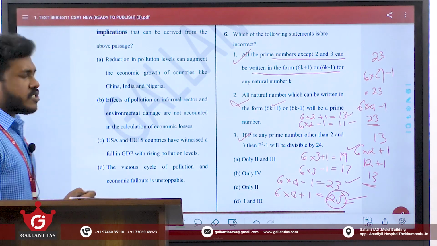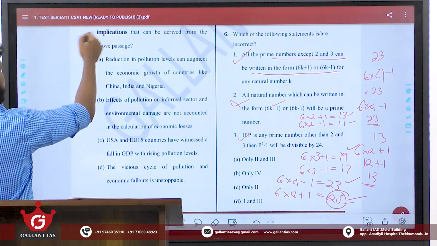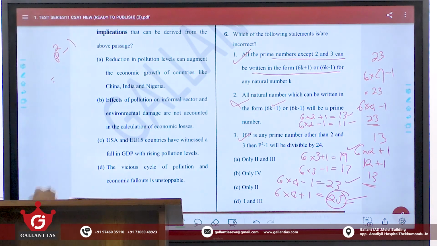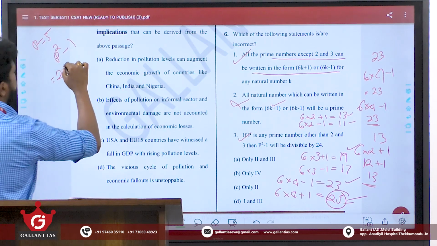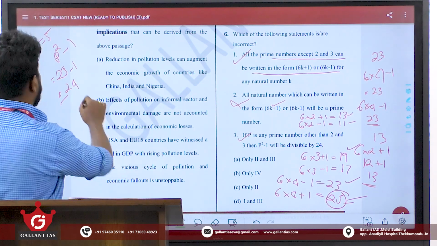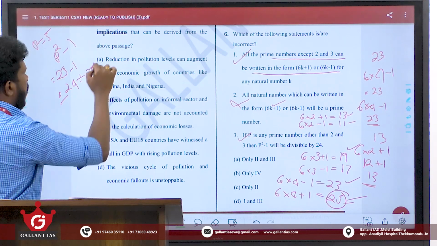Other than 2 and 3, assume another prime number, let it be 5. p square is 5 square, which is 25. 25 minus 1 is 24. 24 is divisible by 24.